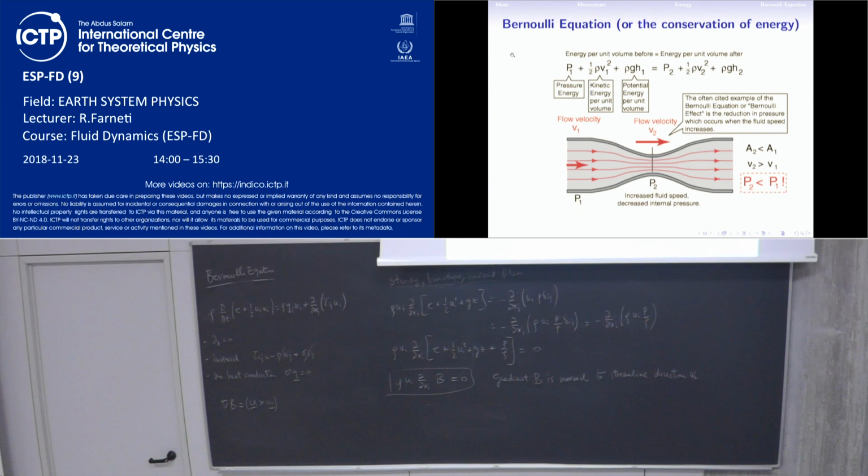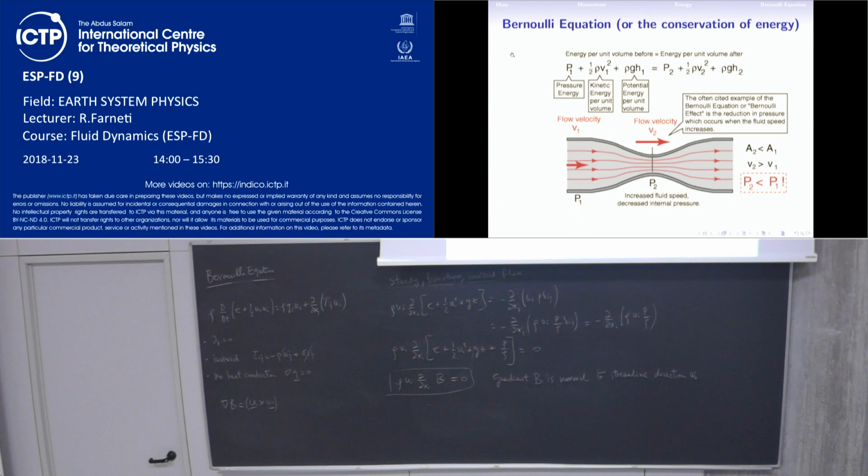If those red lines are the streamlines, you can compute your pressure energy, kinetic energy, and potential energy at every point along the streamline, and those sums have to be equal.